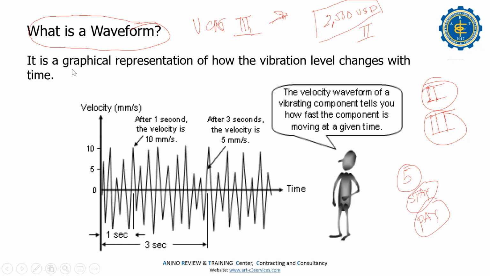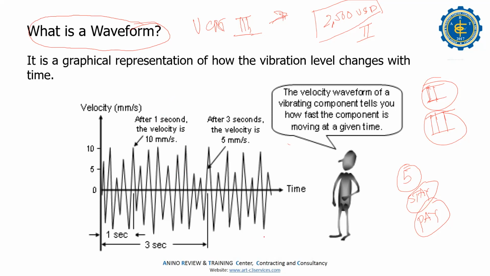Okay, so the waveform is the graphical representation of how the vibration level changes with time. This is very important because if you monitor equipment that has a problem, you must look at this waveform: how fast the vibration changes.